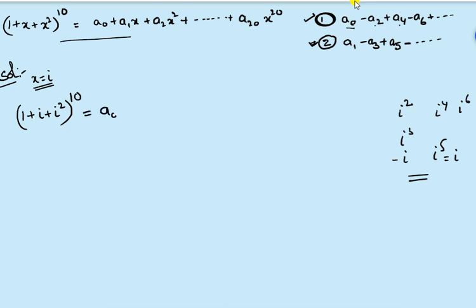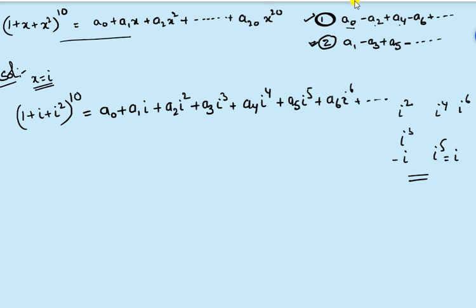So you will get here a0 plus a1 into i plus a2 into i square plus a3 into i cube plus a4 into i to the power of 4 plus a5 into i to the power of 5 plus a6 into i to the power of 6 plus and so on.